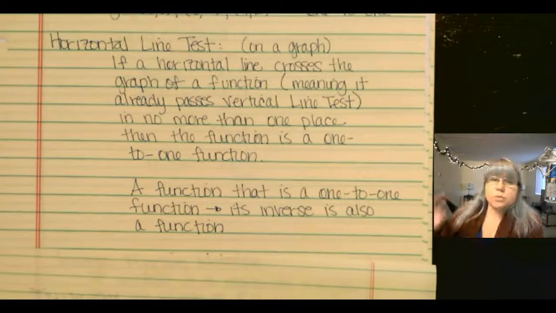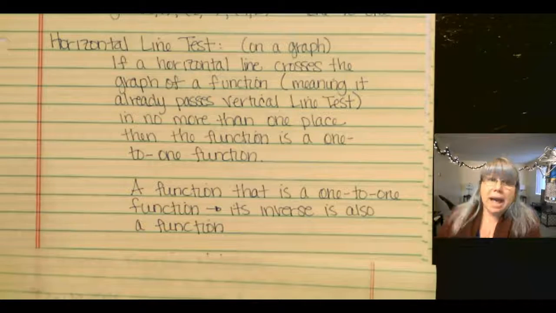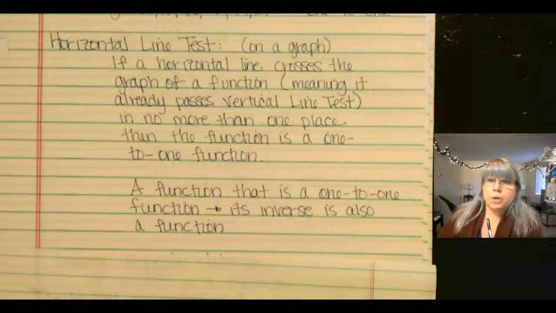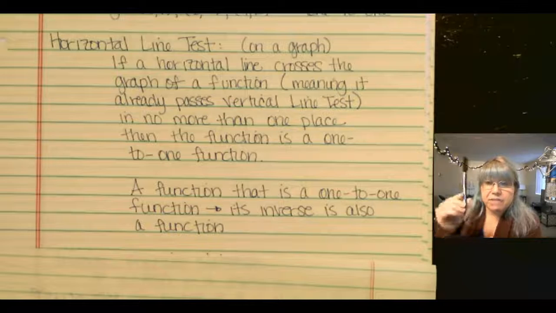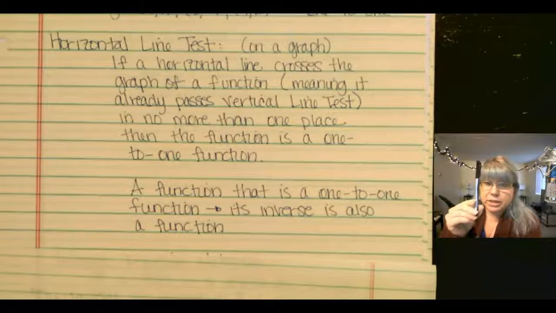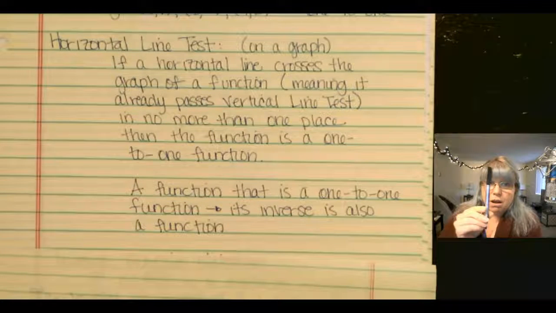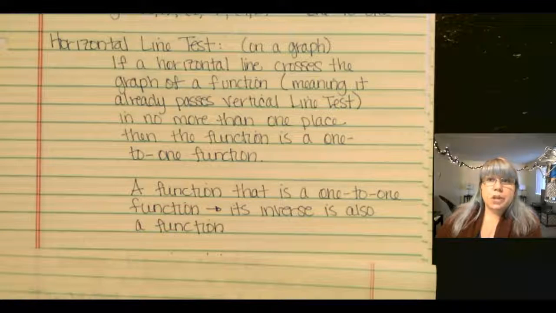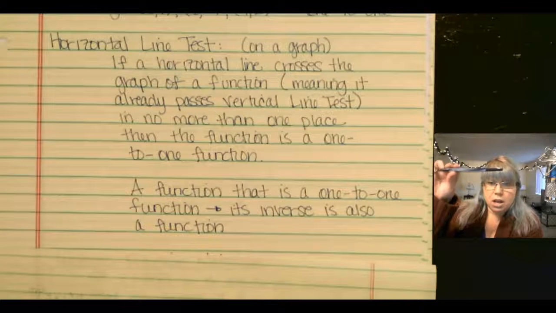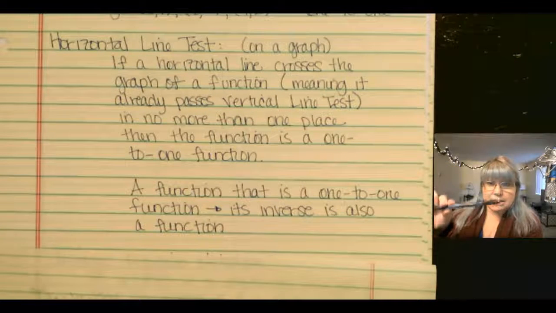Now that's great, but if we're looking at a graph and we want to know if it is a function, we have the vertical line test, right? If it only hits 1 point in our graph, then it is a function. Well, if we want to know if its inverse is a function, we look at a horizontal line test.